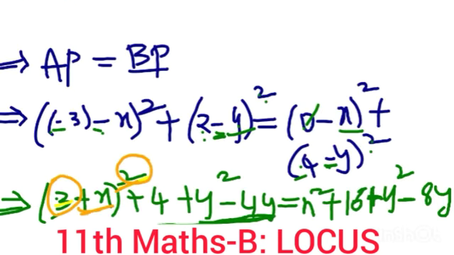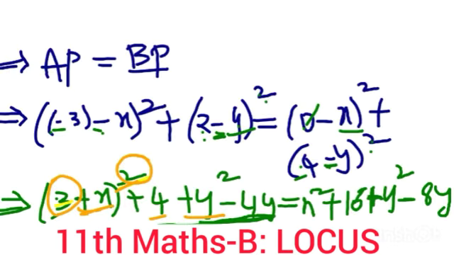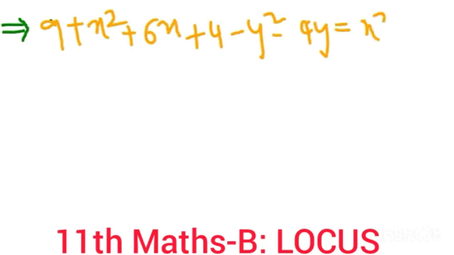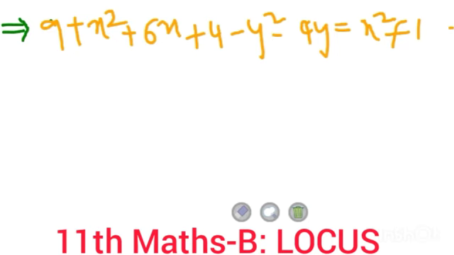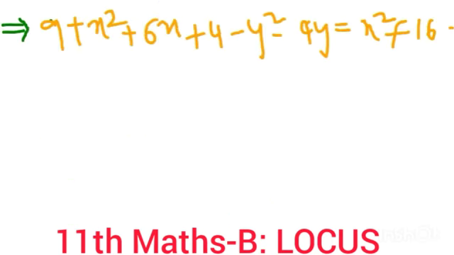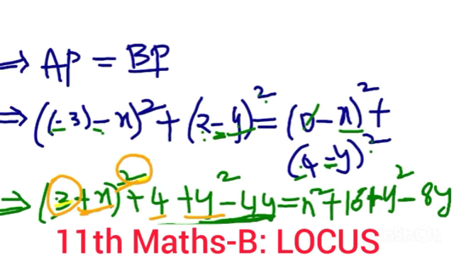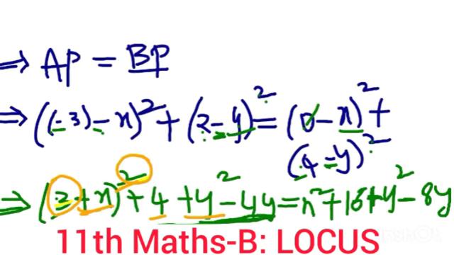Next, 4 plus y square minus 4y is equal to x square plus 16 plus y square minus 8y.